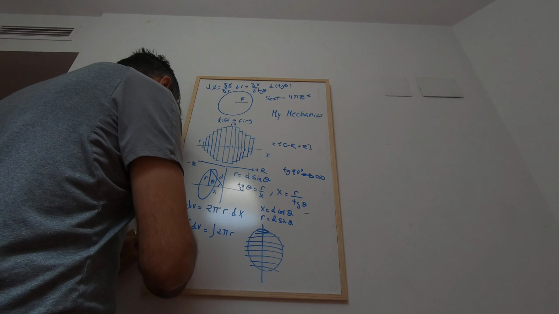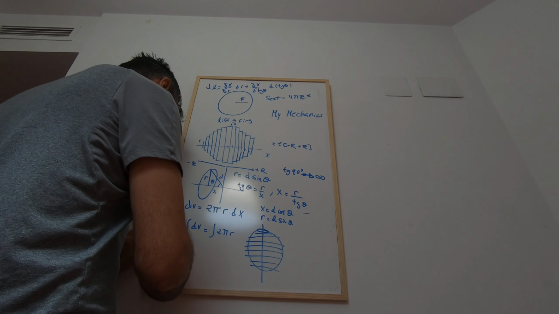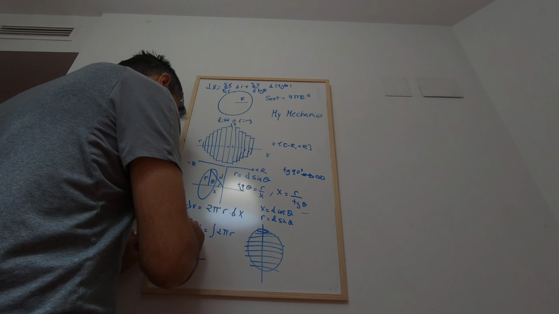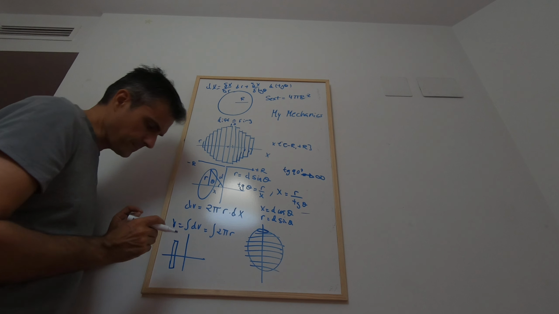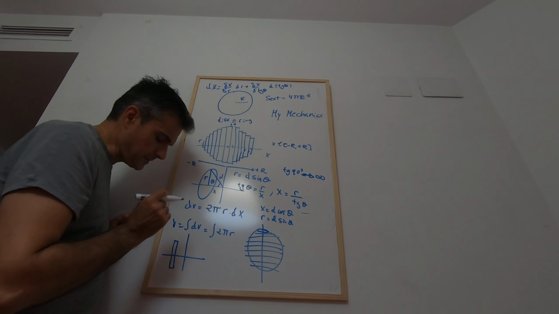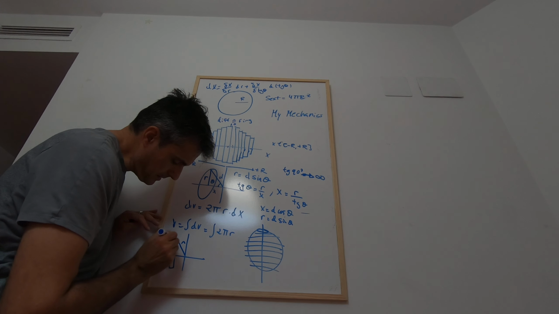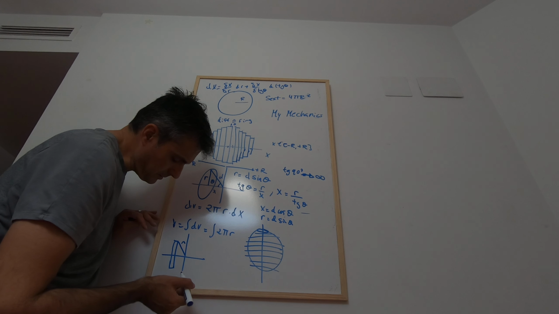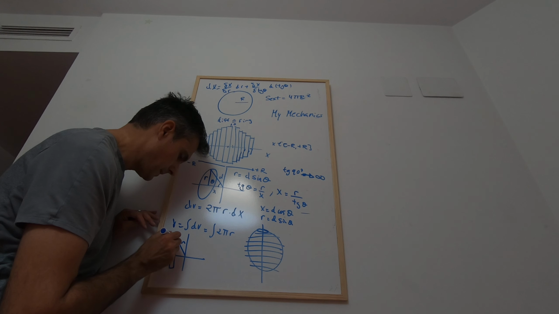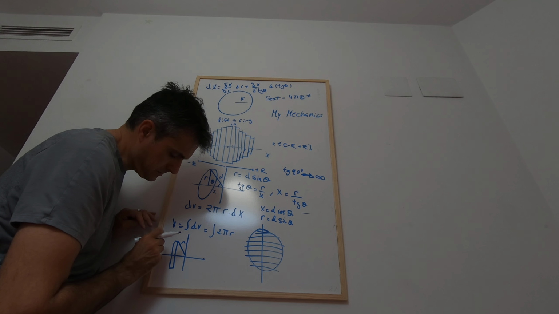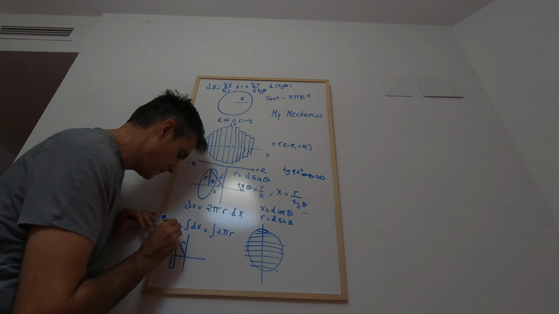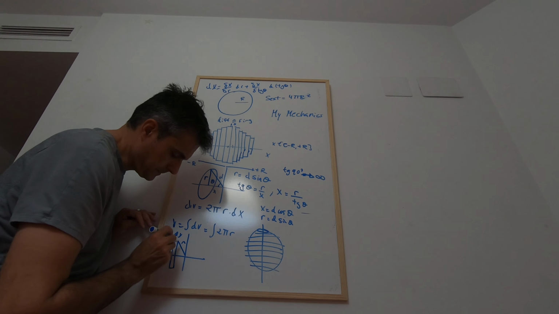Okay, if I plot a square like this, if I plot the ring in vertical view, the radius will be here, right? How about the thickness? Should I consider differential of x? Is this differential of x?